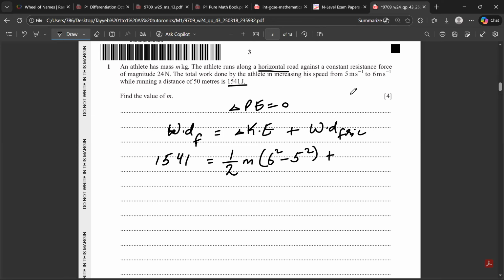Then you have a resistance force. Work done is force times distance. So resistance force is 24 and the distance moved is 50. So this should give us the answer. Check please the working first of all, then we can find the answer. I'll bring my calculator. Meanwhile, please try that.